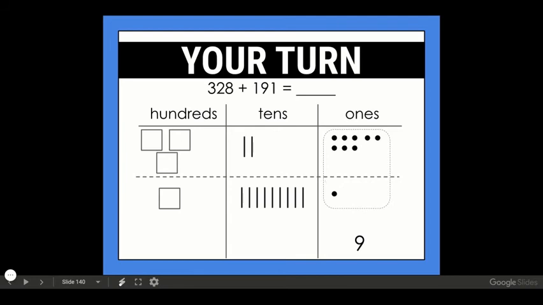Let's move on to the tens. Count how many total tens you have. Did you count 11 tens? Remember, we can't do that, so you're going to circle 10 of them.